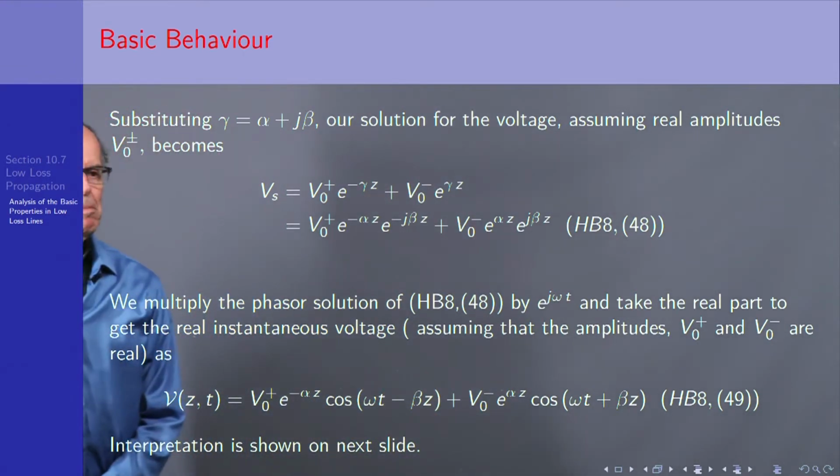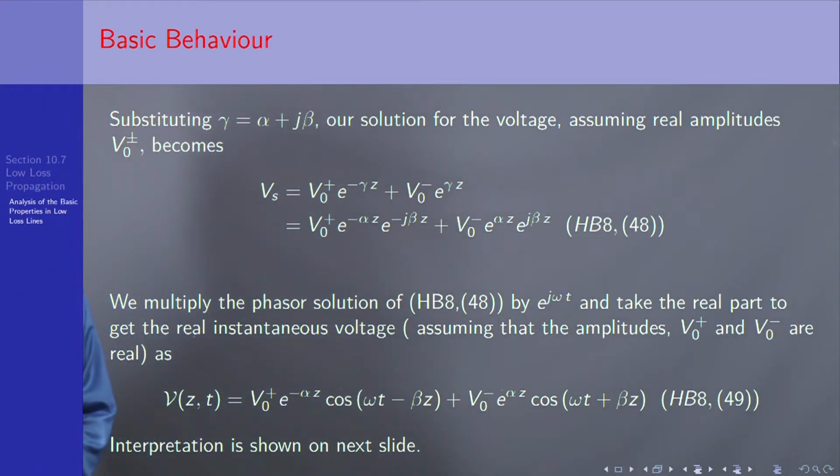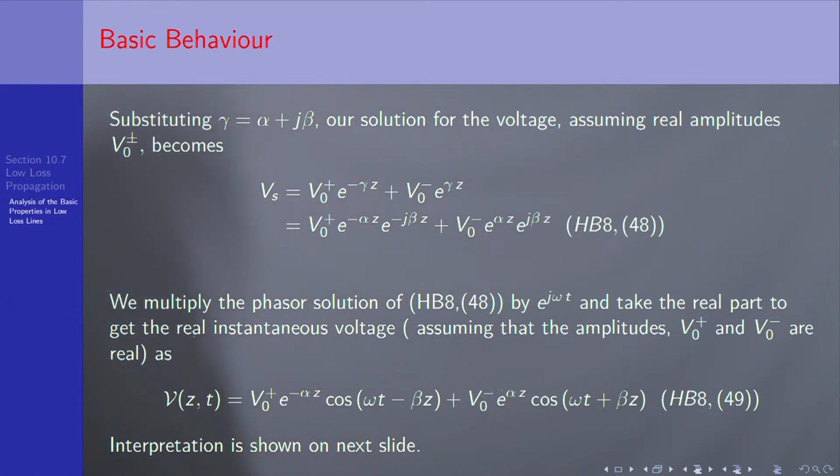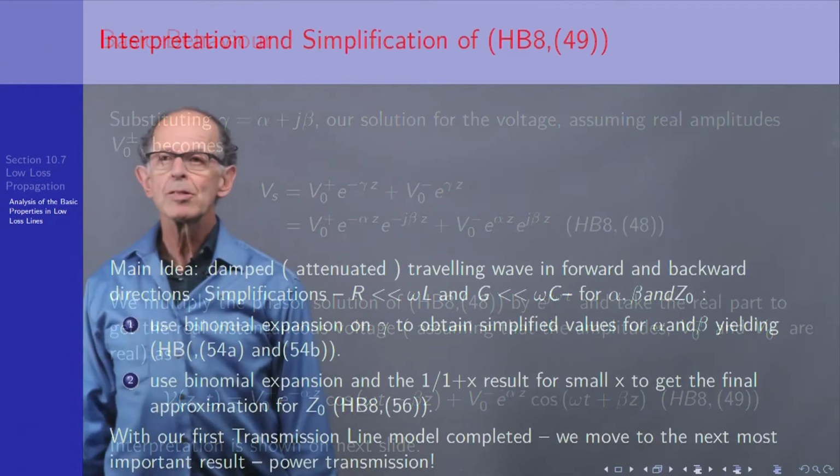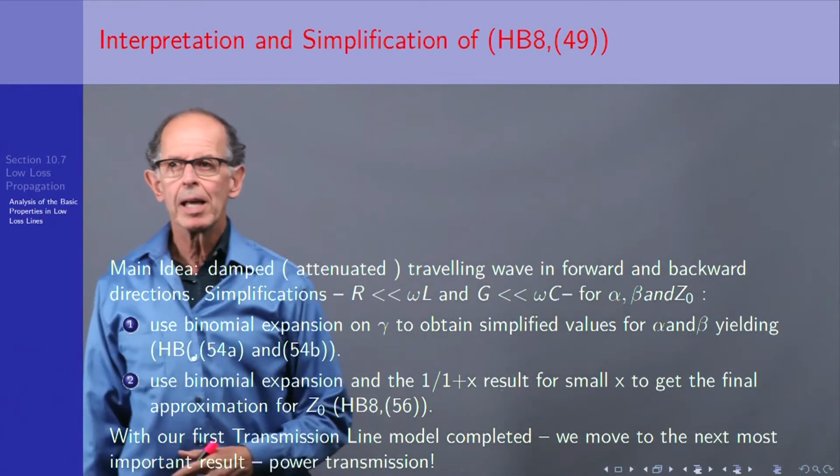Now, if we multiply the phasor solution in 48 by e to the j omega t, take the real part, we get the instantaneous real voltage, and we assume that the amplitudes, V0 plus and minus, are real, we get the result 49. And the interpretation is shown on the next slide of 49. Let's look at the interpretation of that last equation.